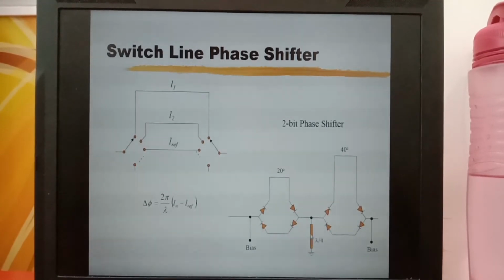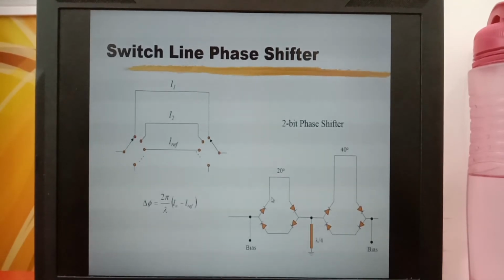However, RF signals is not shorted to ground because the length of this transmission line is a quarter wave length. That means a short circuit is transformed to an open circuit. So this point is isolated from ground by the quarter wave transformer.